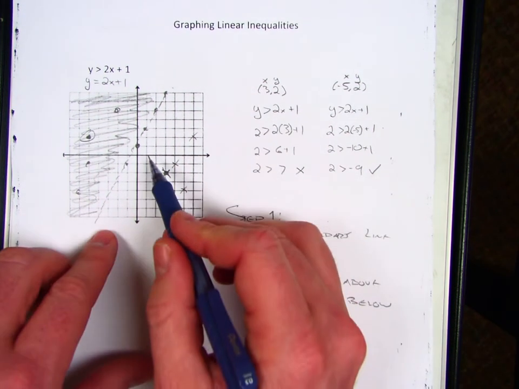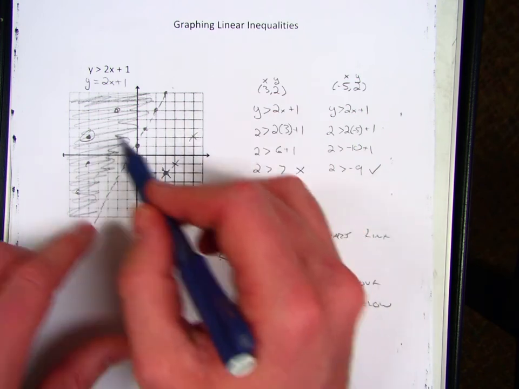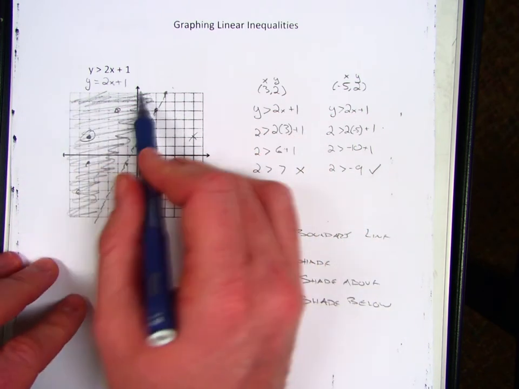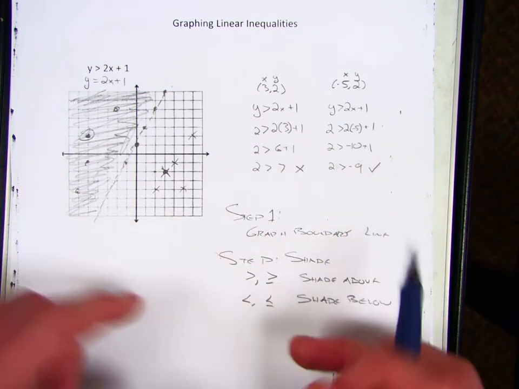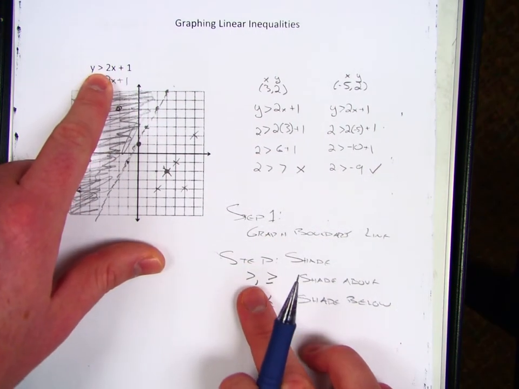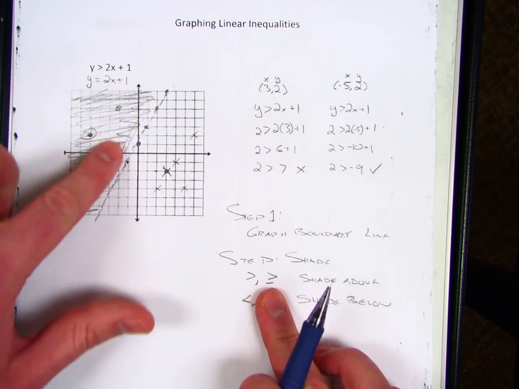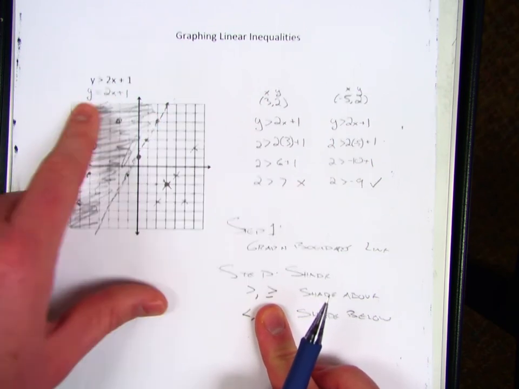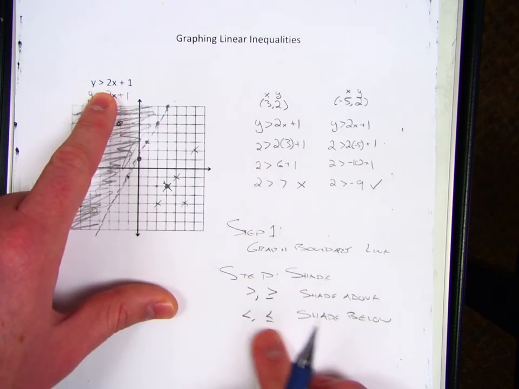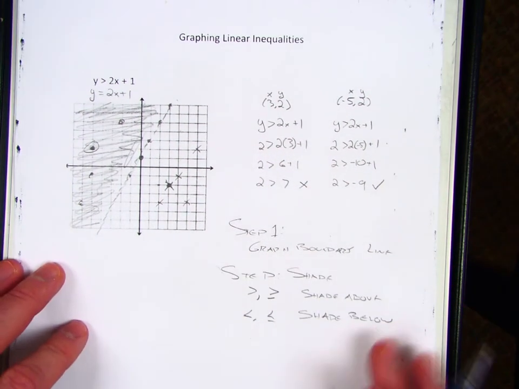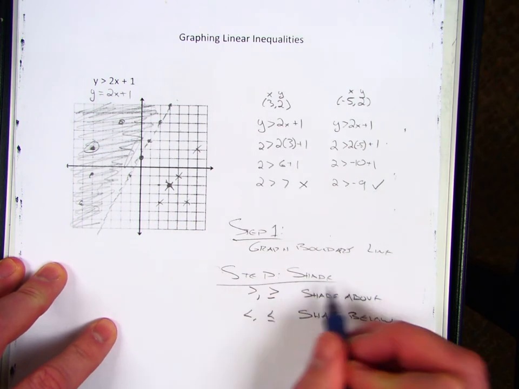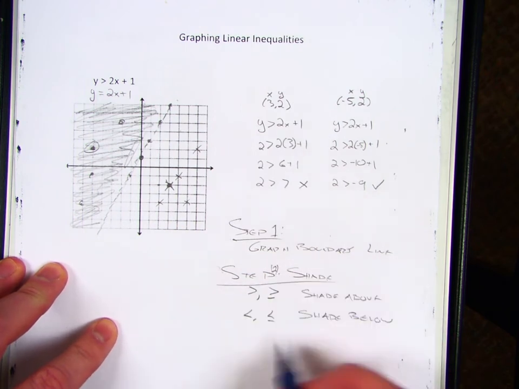We could always test out points and see which side of the line the solutions are on, and wherever those solutions are, we're going to shade. But it's a little bit faster, and if you did enough of these, you'd realize the pattern that if we ever have that greater than or equal to symbol, we're going to shade above the line. If this symbol was the less than or equal to symbol, we would shade below. And we'll do a few more examples to illustrate this in a minute. So there is step 2. I forgot to write my 2.